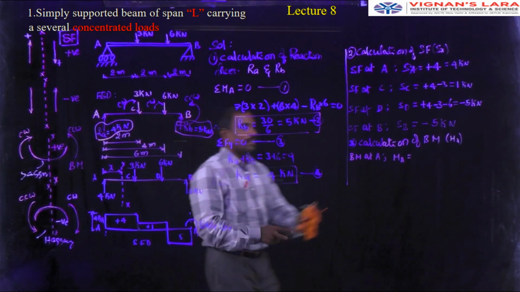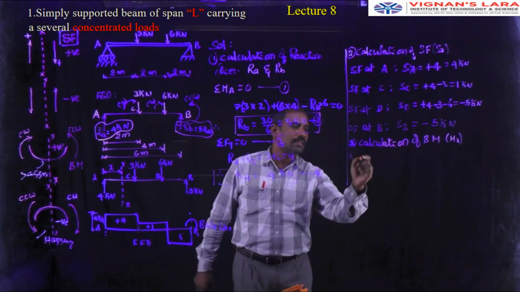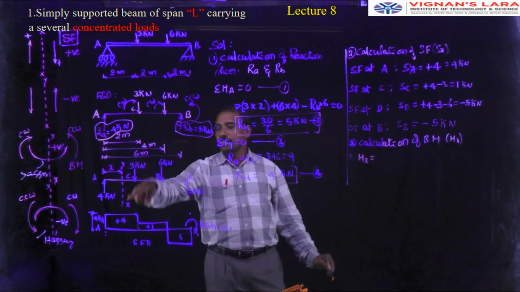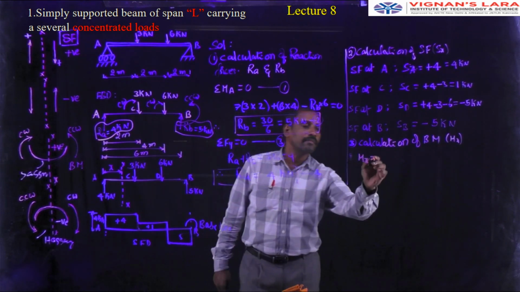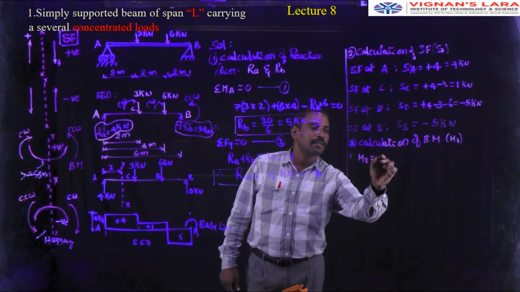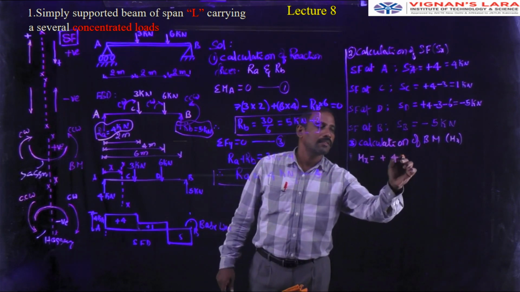So initially I would like to write down the generalized equation, that is Mx is equal to, when the section is considered between A and C, positive 4 into x.